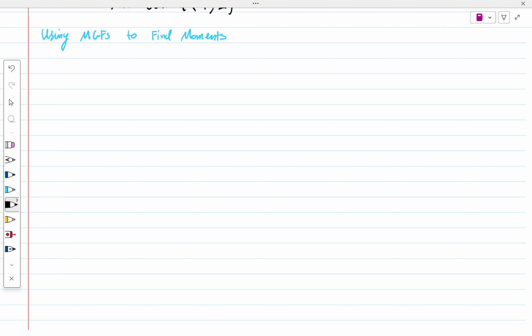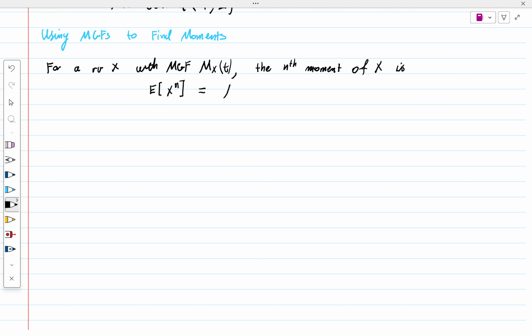Here is my claim when finding a moment. For a random variable X, or an RV X, with MGF, or moment generating function, M_X(t), the nth moment of X can be computed by the expected value of X to the n is equal to the nth derivative of the moment generating function evaluated at 0.